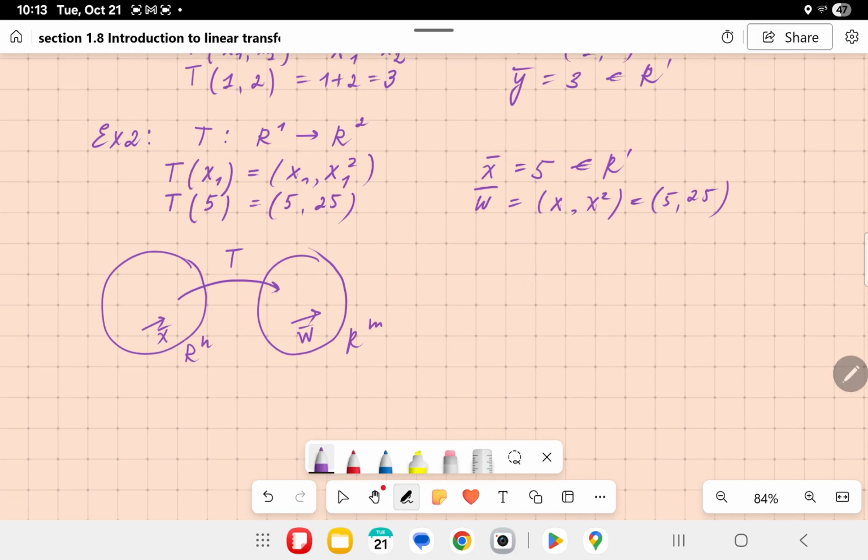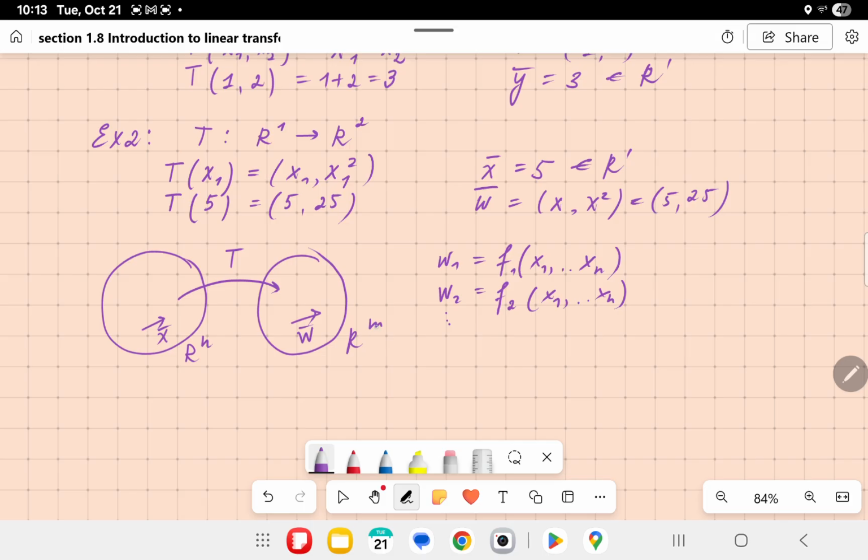Well, generally speaking, you are going to have n functions which are going to define those coordinates. So let's consider this w. w1, the first coordinate of w, is going to be the first function of some coordinates of this vector x, right? The second coordinate is going to be another function. That's function 1, that's function 2 of x1, ..., xn.